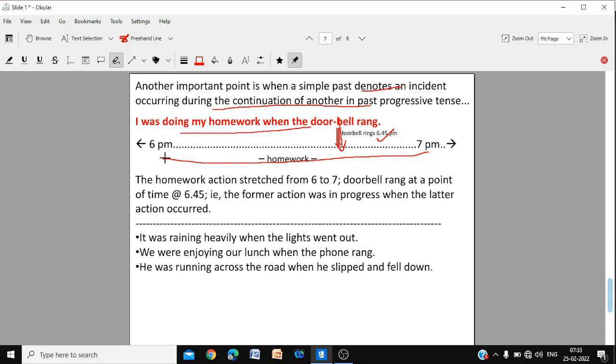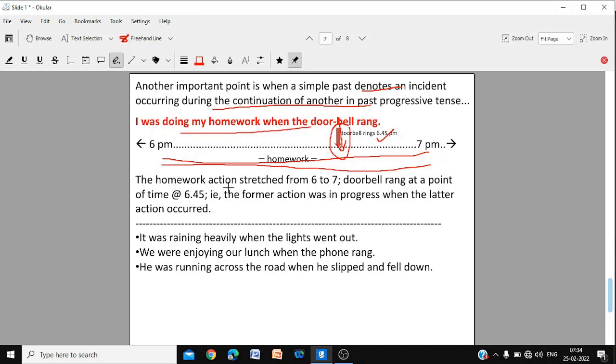So 1 hour, the stretch of time from 6 p.m. to 7 p.m., is in progressive continuous tense, and what happened at a particular point of time is in simple past. I was doing my homework, a stretch of time for 1 hour, when the doorbell rang at a particular time during this period.